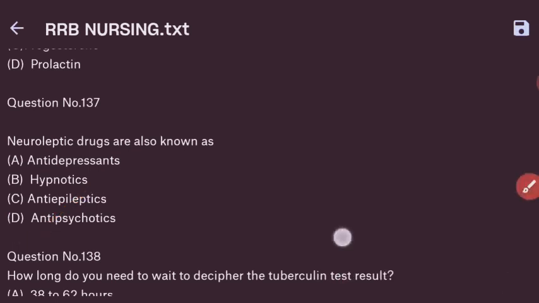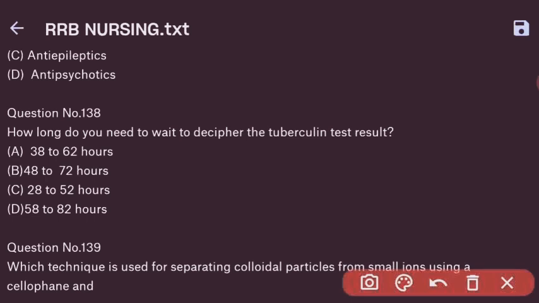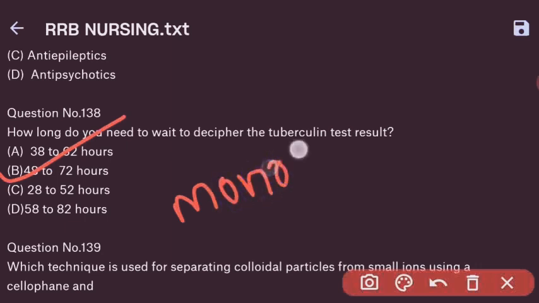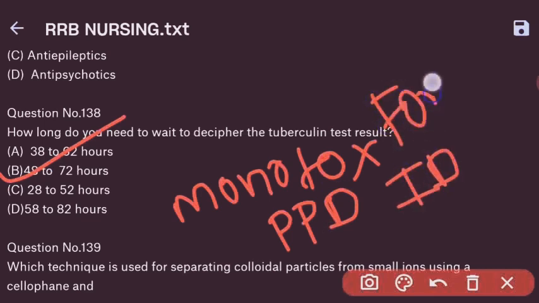Okay, next question. How long do you need to wait to read a tuberculin test result? Here our right answer is 48 to 72 hours. The tuberculin test is also known as the Mantoux test, which is used in a patient having tuberculosis. In that, PPD, purified protein derivative, is injected intradermally into the forearm.